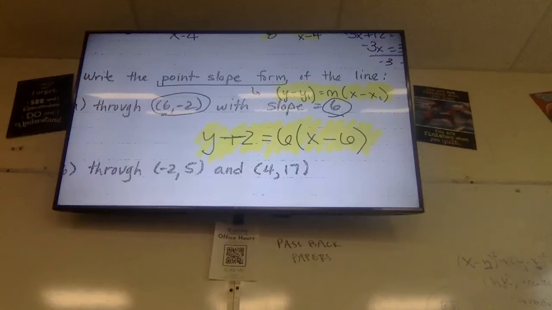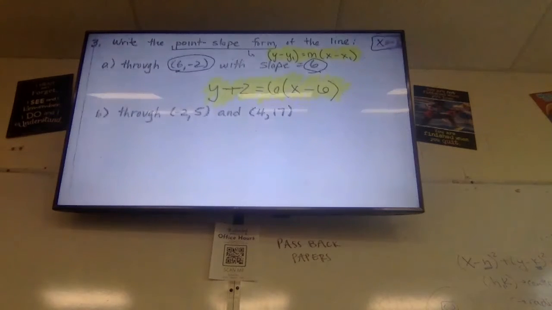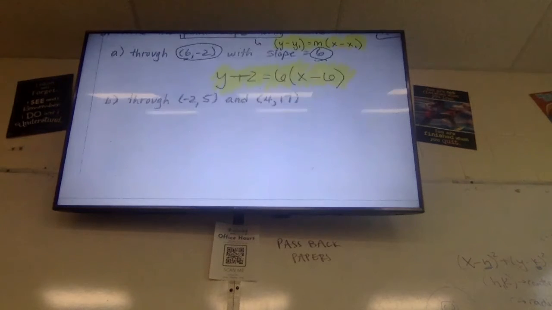Okay. That's not too bad, right? We can do that. The next one's really similar, except I have to find what first? Slope. You think you can do that without me? Yeah. Perfect. Because we're so self-sufficient.